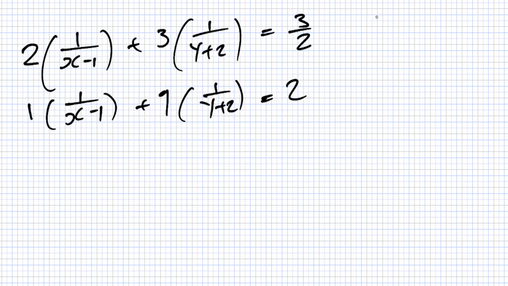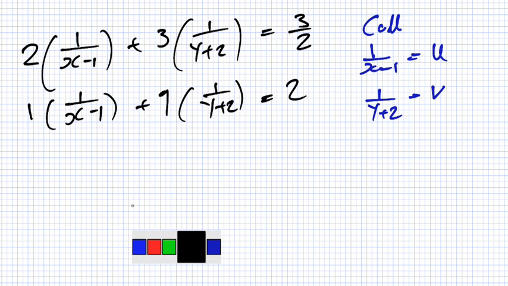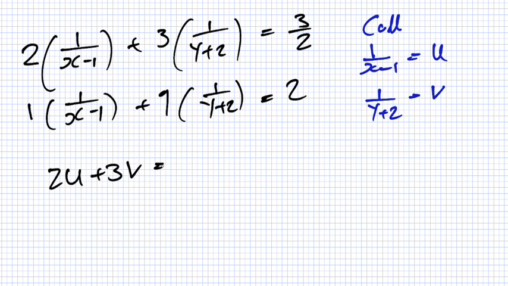I can call 1 over x minus 1 something like u, and 1 over y plus 2 something like v. So this can be rewritten as 2u plus 3v equals 3 over 2, and 1u plus 9v equals 2.